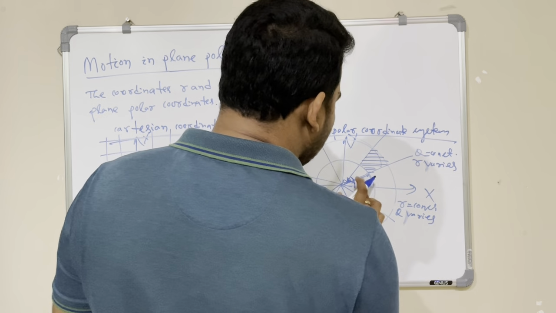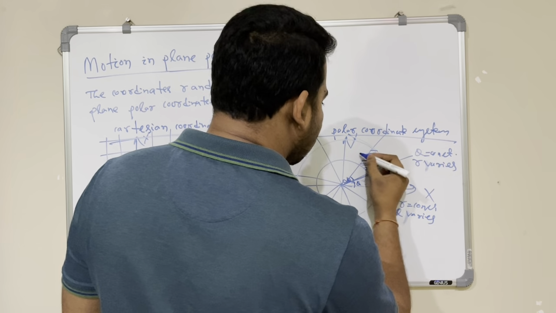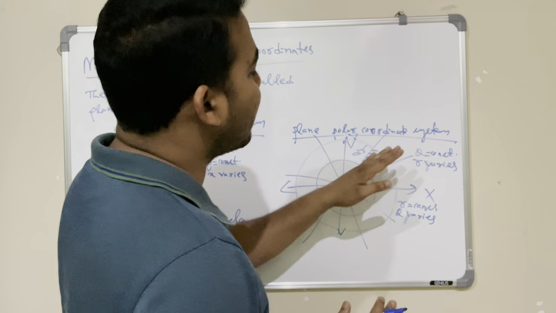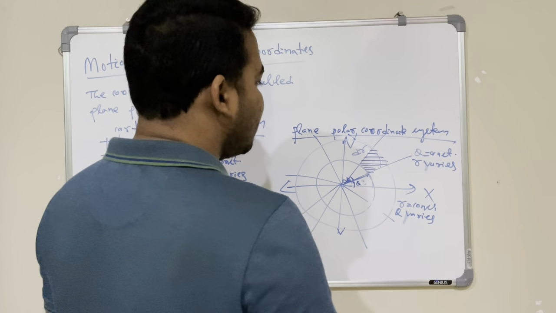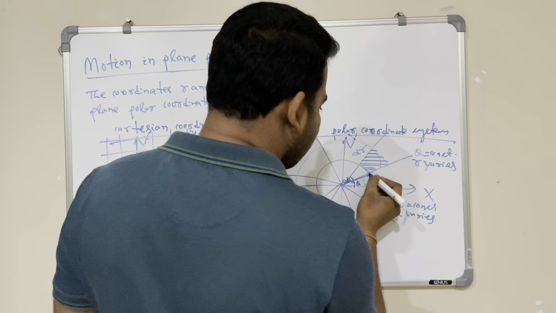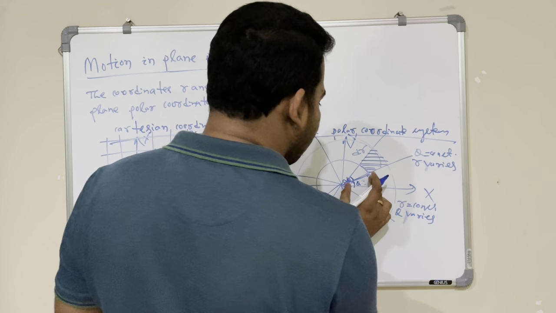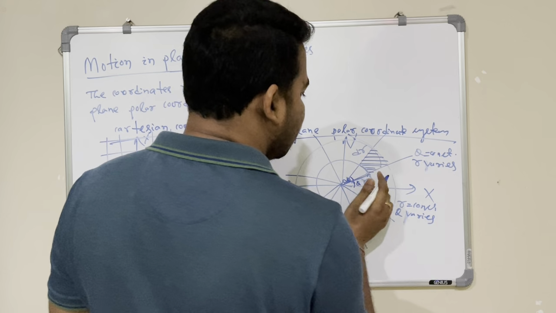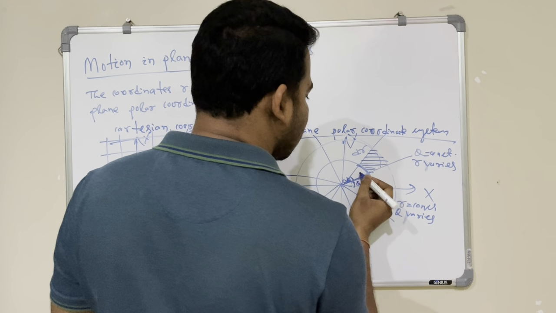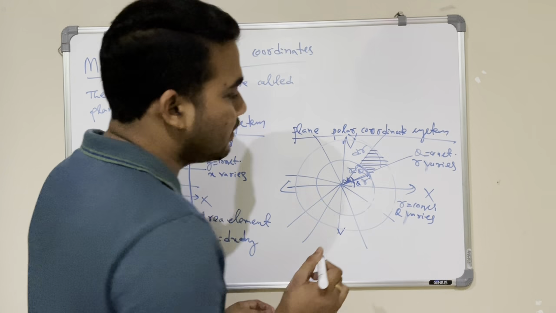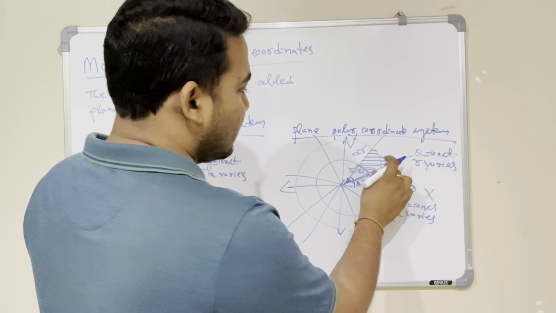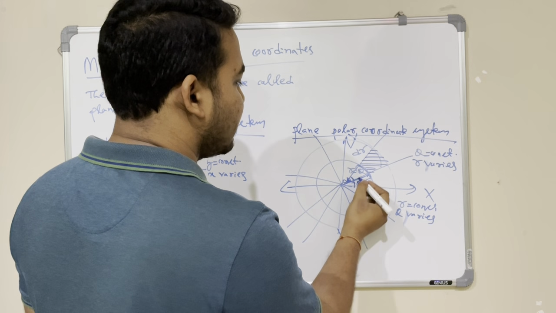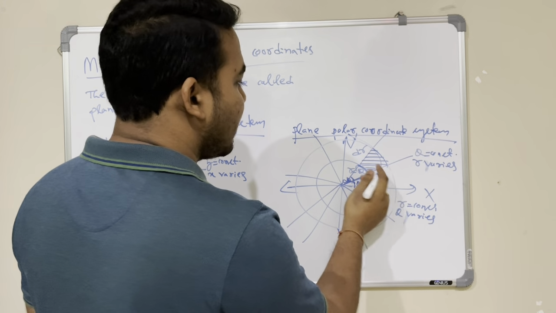How to calculate that? Let's say this distance is dr. That means here r changes. If this is r and this angle is d theta, then this length is r d theta. Clear? Okay, this side has length dr and the small angle is d theta, so this arc length is r d theta.